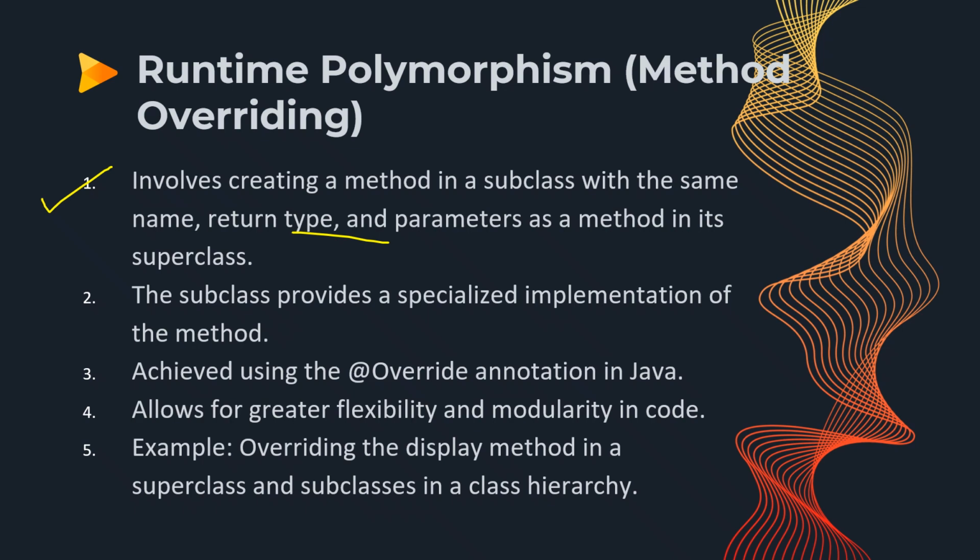There will be the same method names but in different classes, and the subclass provides a specialized implementation of the method. So the child class will provide its own implementation, and it can be achieved using the @Override annotation in Java.